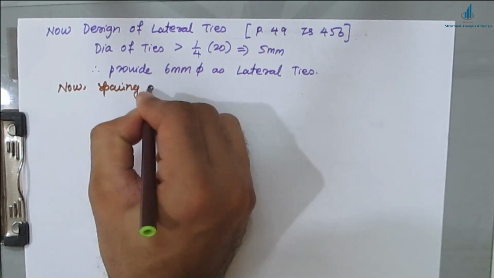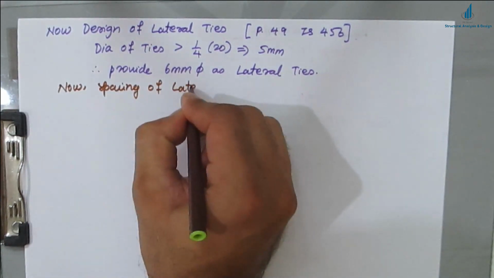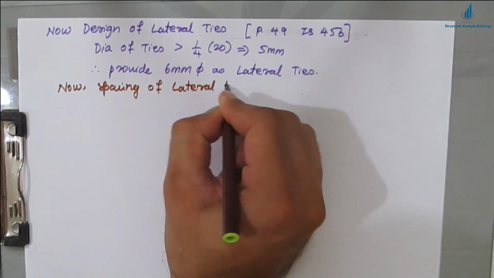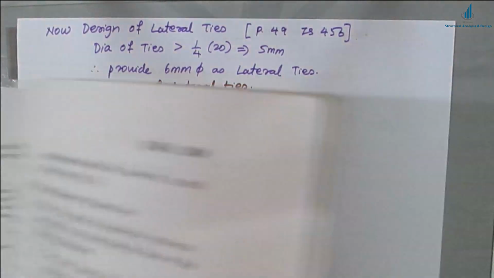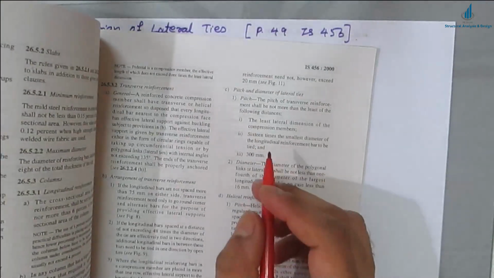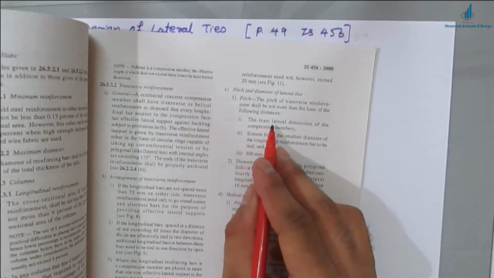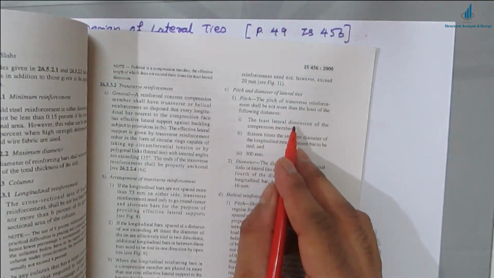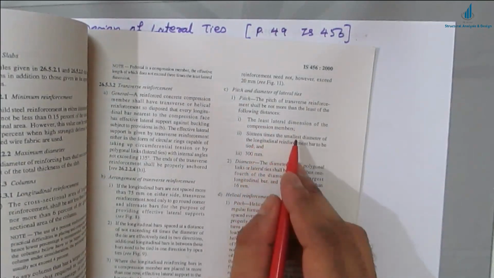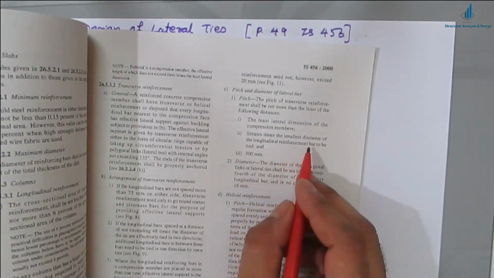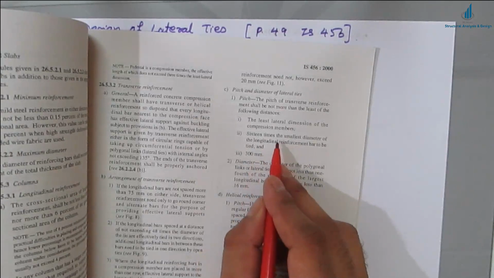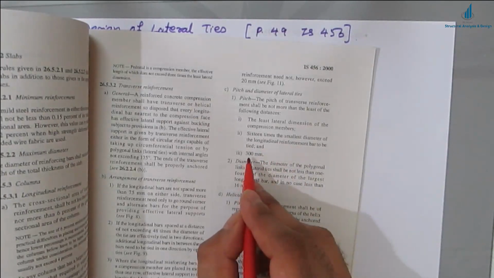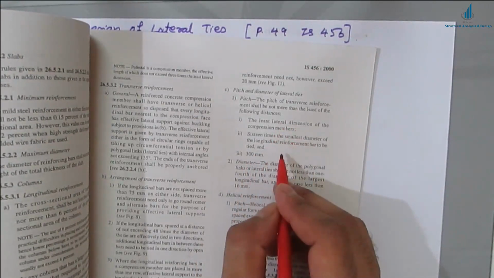Okay. Now spacing of lateral ties. So again, three stipulations are there. The first is the least lateral dimension, then 16 times the smallest diameter of longitudinal bar. We are using only one type of bar, that is 20 mm, and the last is 300 mm, and you have to use the least of these three.